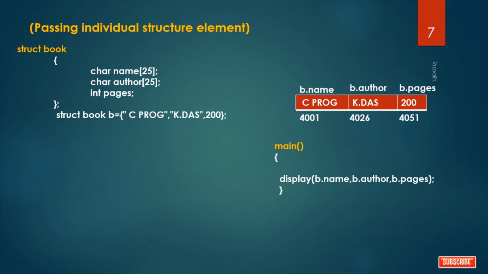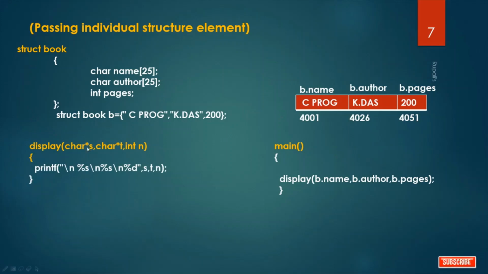So when we are just passing the name of an array, we are passing the base address of that array. I repeat, the name of an array means the base address of that array. So when I am passing b.name and b.author, actually I am passing the address of the array name and the address of the array author.